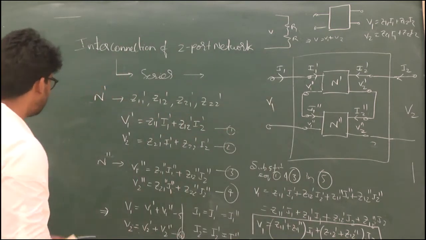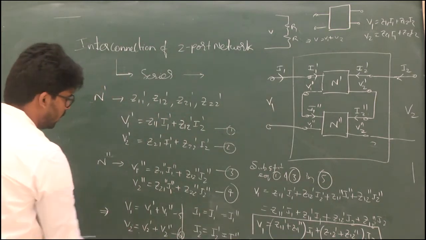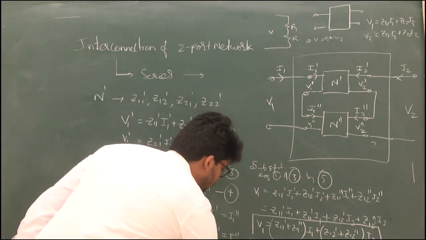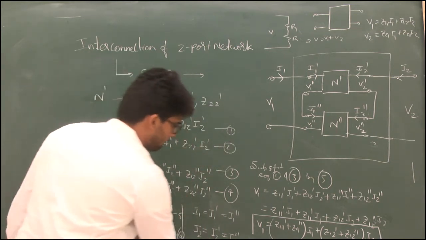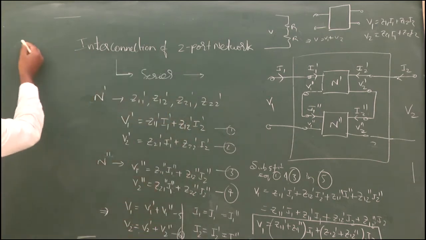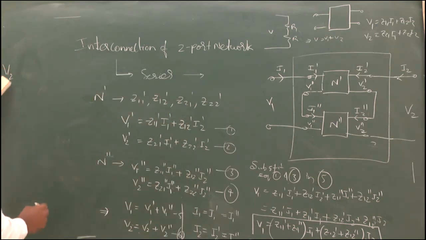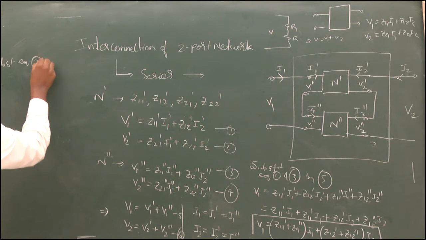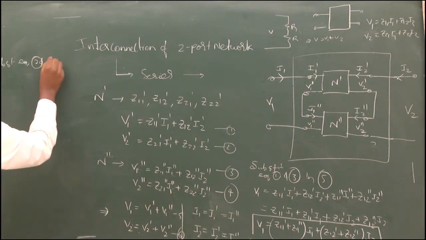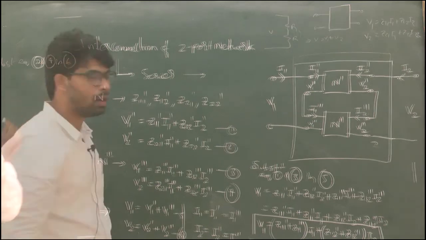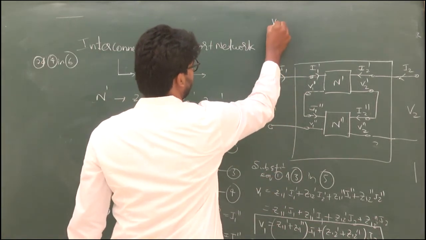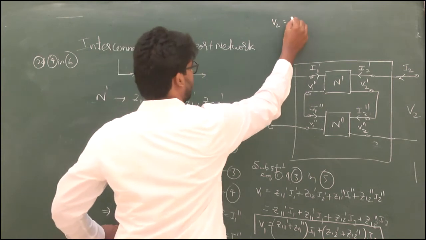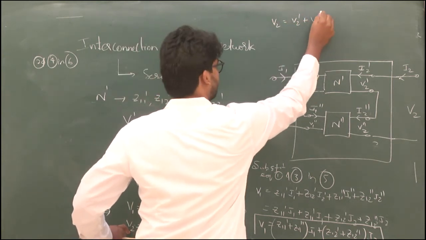Similarly, equation for V2. Substitute equation 2 and 4 in 6. For V2 we have V2 equal to V2 dash plus V2 double dash.